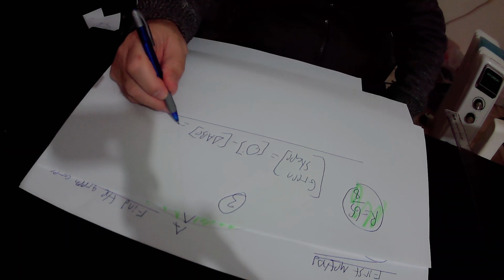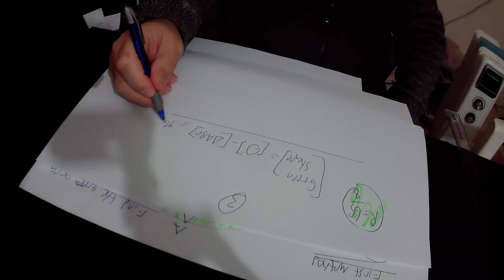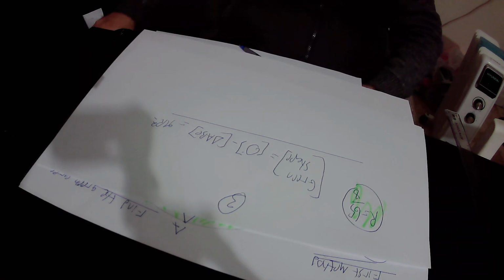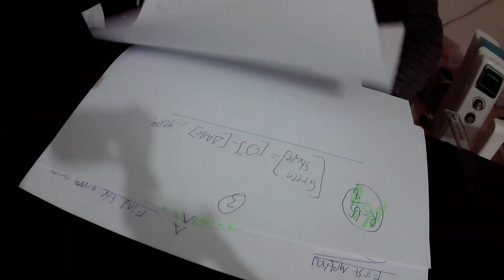The area of the circle is equal to pi r squared, minus the area of triangle ABC. We have already found out that the area of triangle ABC equals 84 square units.